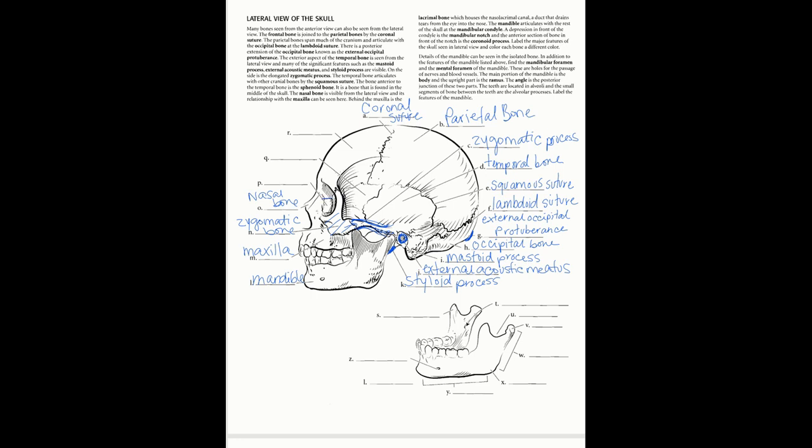And just on the inside, posterior to the nasal bone, you can see this small bone here. This is called the lacrimal bone.